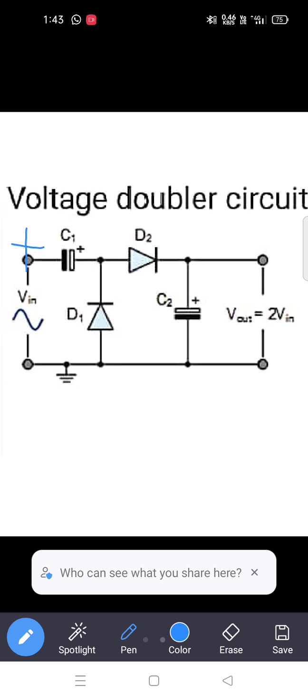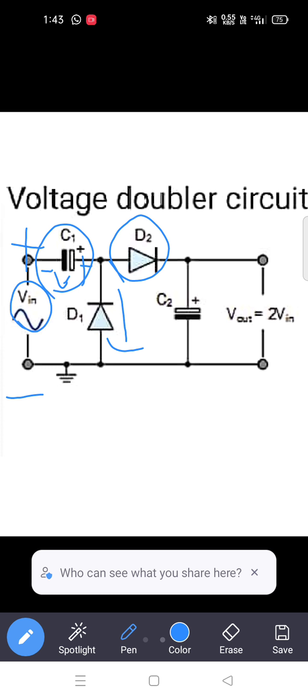In the positive cycle, as we know, D1 will not work; it will work as an open circuit. But now the C1 capacitor is already charged up to V, and the voltage that diode D2 will conduct is this capacitor voltage V plus the input voltage V, so it will conduct up to 2V.